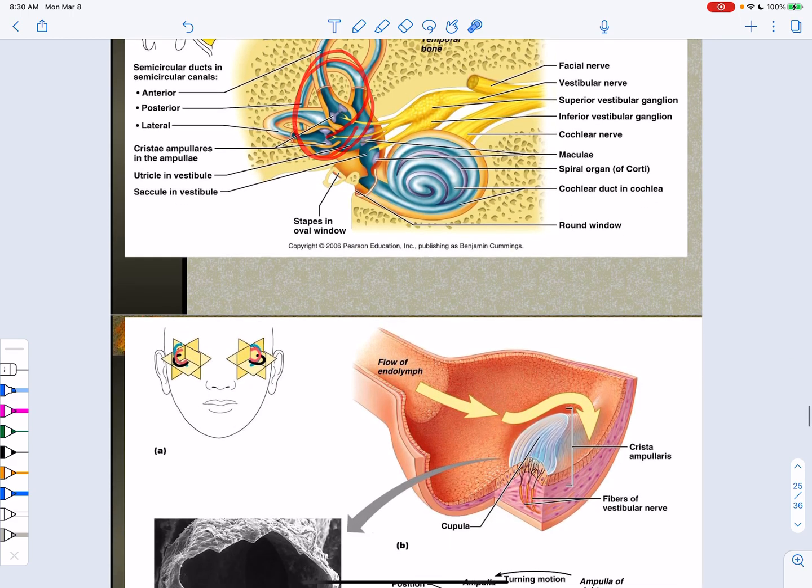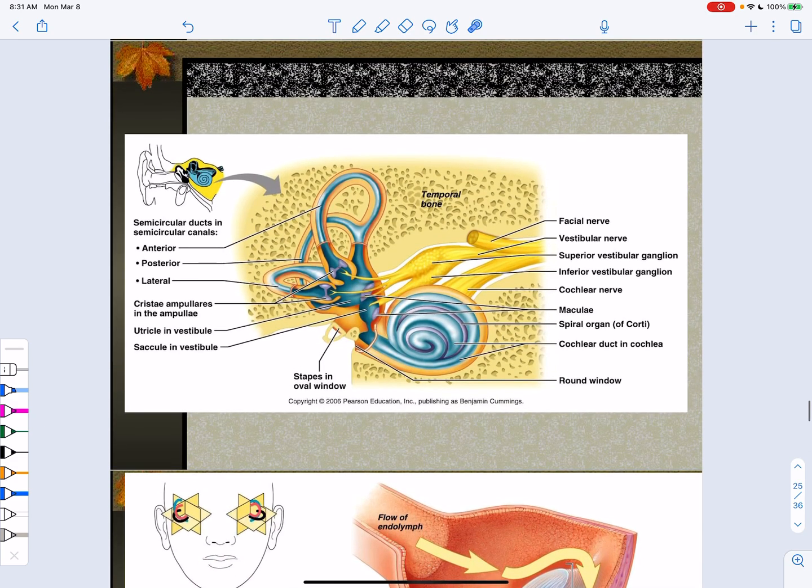So in your ears, right, here's the ears, and here's the inner ear. You have these semicircular canals that when you move your head to the left or right, down or up, or to the side, your semicircular canals will pick up on that.